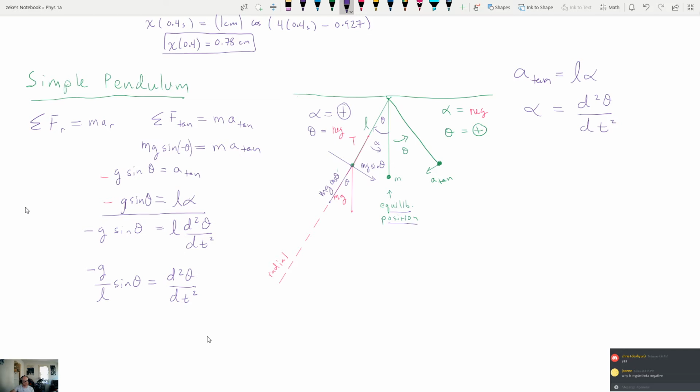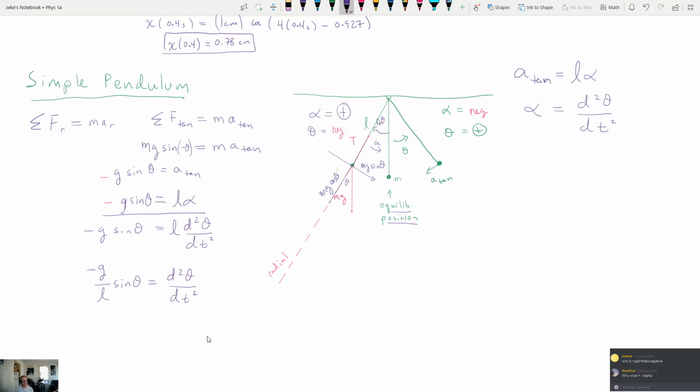You'd say clockwise torque is positive and counterclockwise torque is negative, or whatever you want to pick. So when we measure the angle to the left, the angular acceleration is to the right. That's what's happening here. If we pull the object this way, then theta is negative, and alpha is positive.